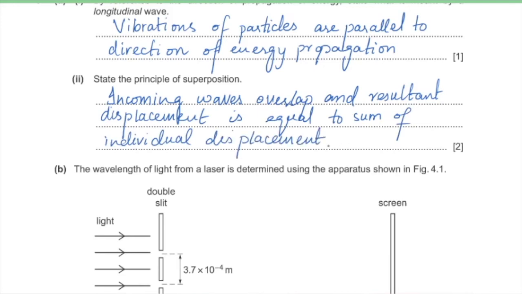Means the displacement for the resultant wave will be the sum of individual displacements of waves.